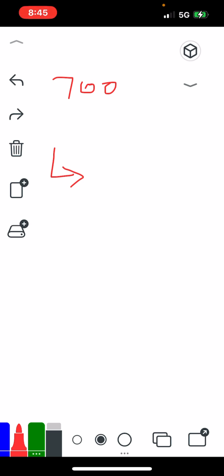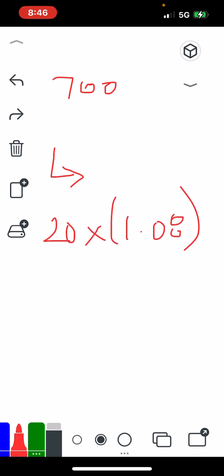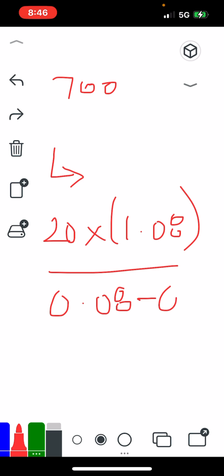If you were to write this on a piece of paper, this will be $20 times, let's say, 1.06, divided by 0.08 minus 0.06.